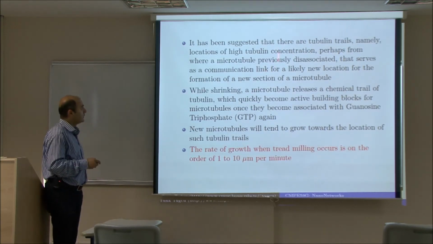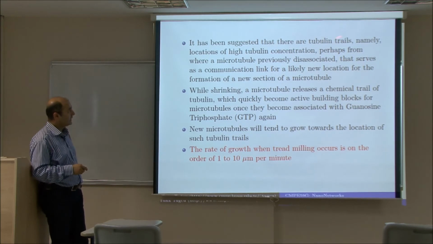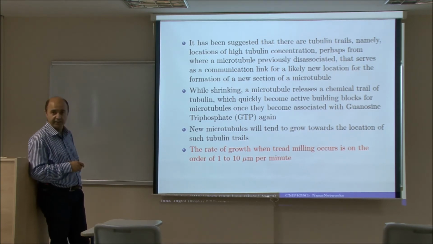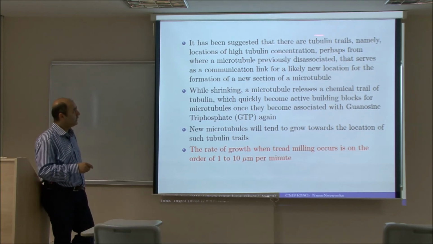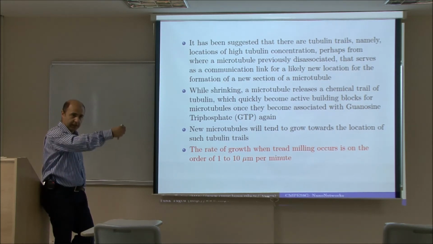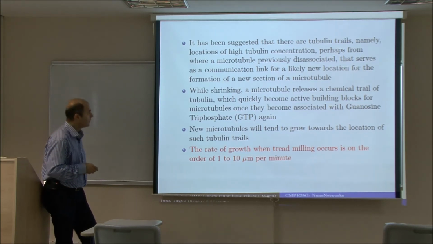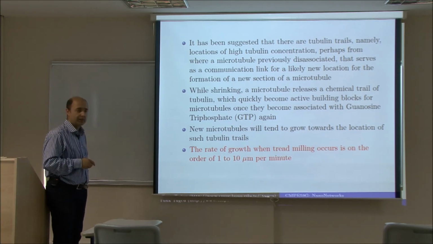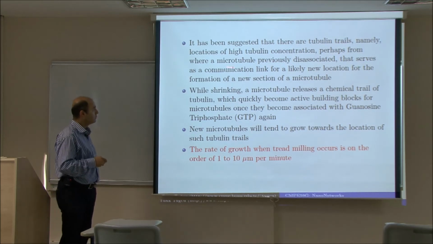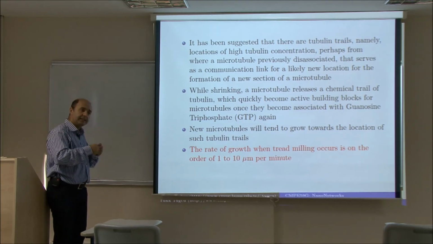So it has been suggested that there are tubulin trails, which are actually locations of high tubulin concentration, which are the components of this rail. And probably these are mostly due to microtubules that have just dissolved.